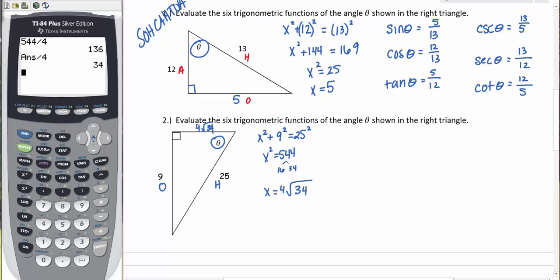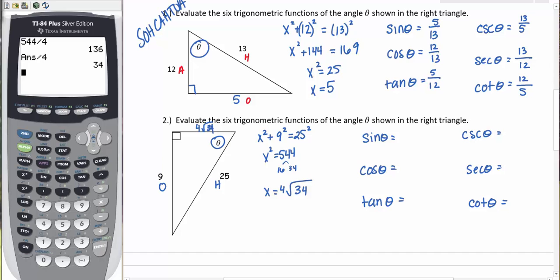That's very important. So when you find the 6 trig functions, sine theta, cosine theta, tangent theta, cosecant, secant, and cotangent, you need to not only reduce all your fractions, but also rationalize any denominators.